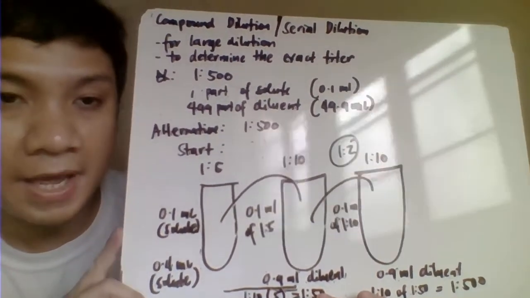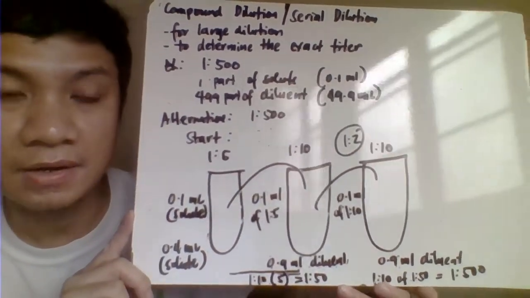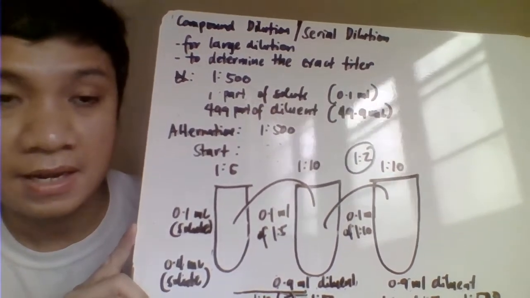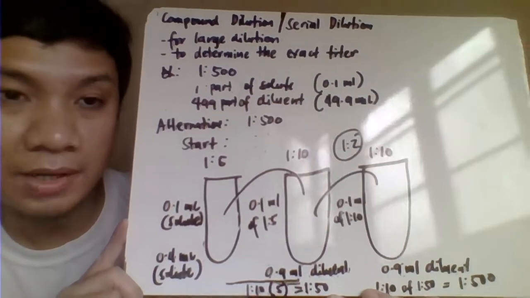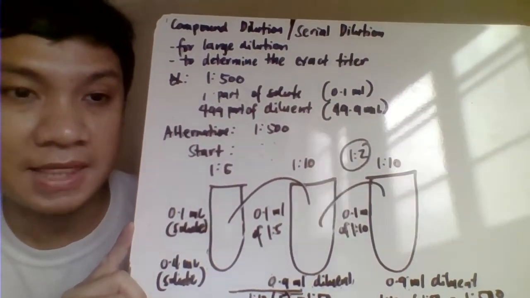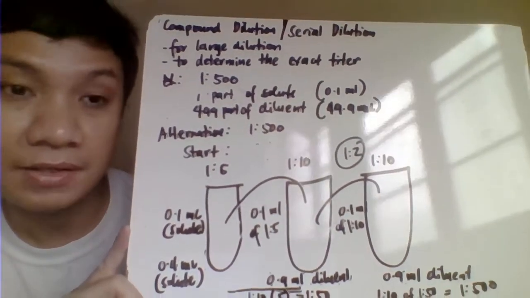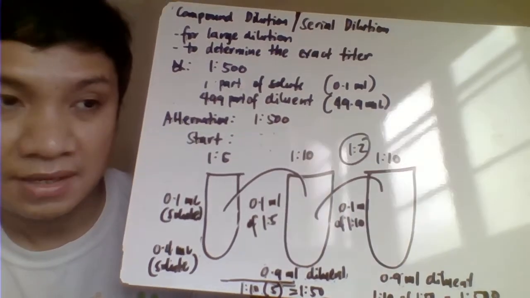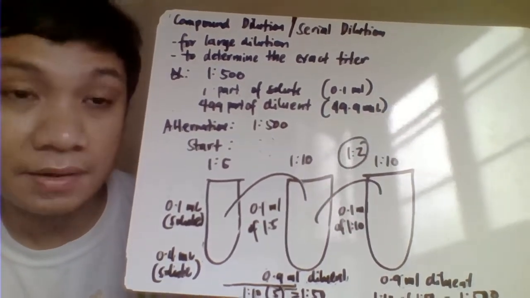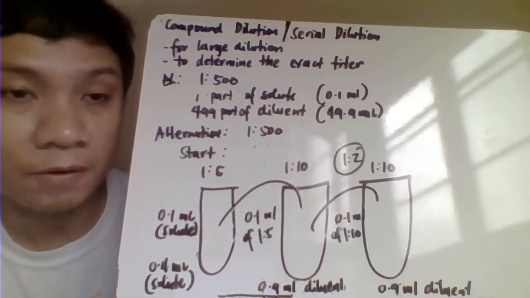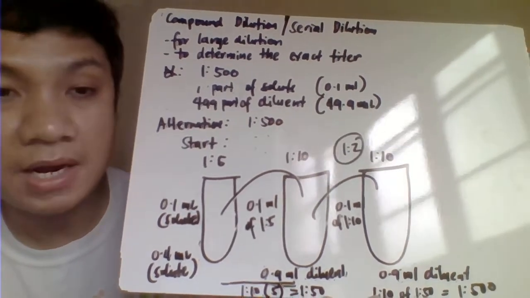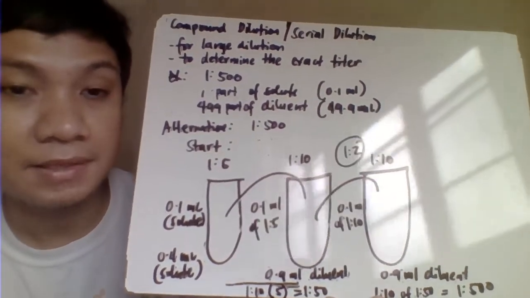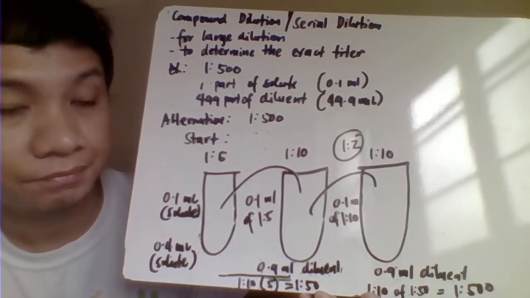Okay, so another type of dilution, we have here the compound dilution or a serial dilution. Basically, this is done in order for us to obtain the titer of your antibody, or the strength of our antibody. The titer here is taken as the reciprocal of the highest dilution where we still show a positive agglutination reaction.